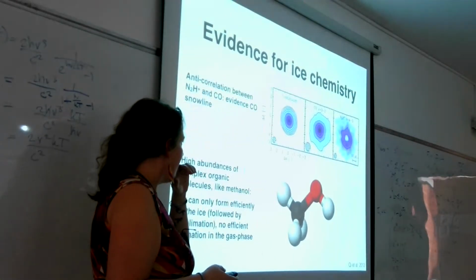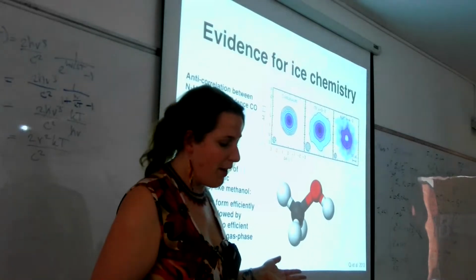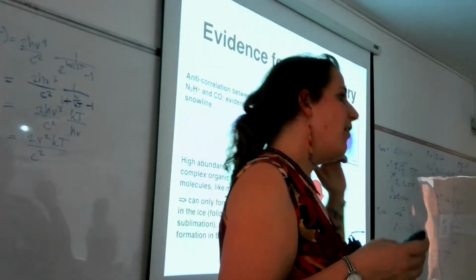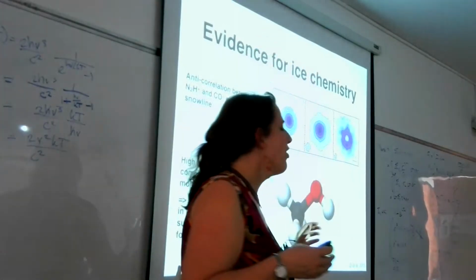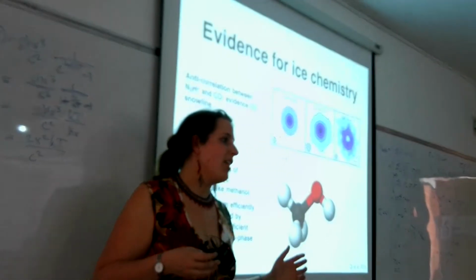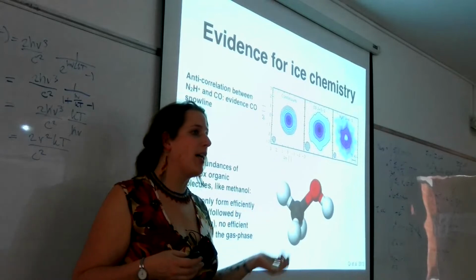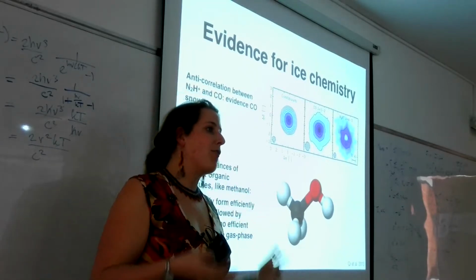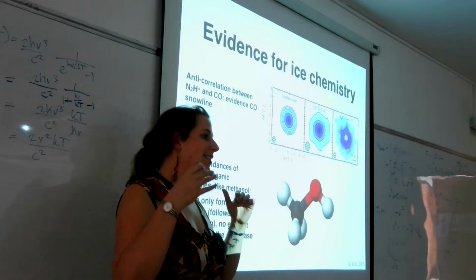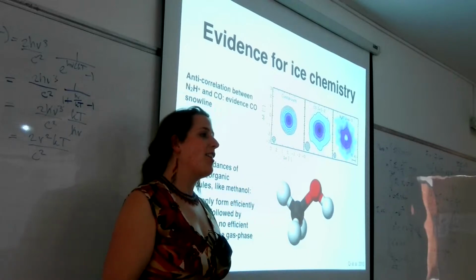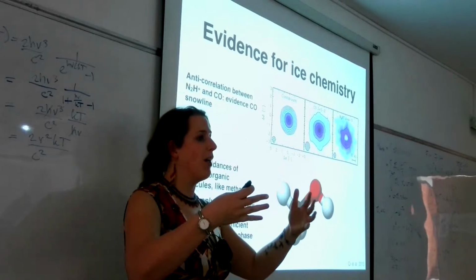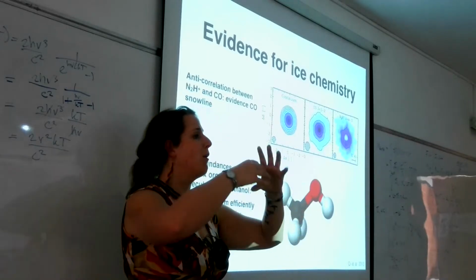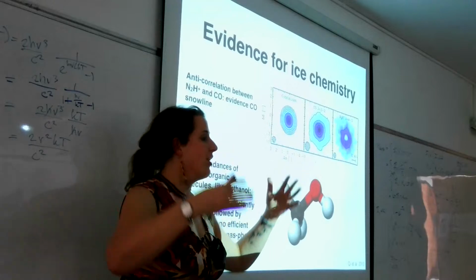And then another sort of indirect piece of evidence is the fact that there were very high abundances of molecular species like methanol or dimethyl ether measured in the gas phase in clouds. But it takes a really long time. It's essentially really inefficient to form these molecules in the gas phase and to wait for molecules to collide and grow larger.